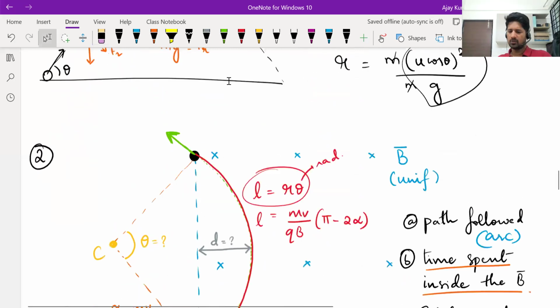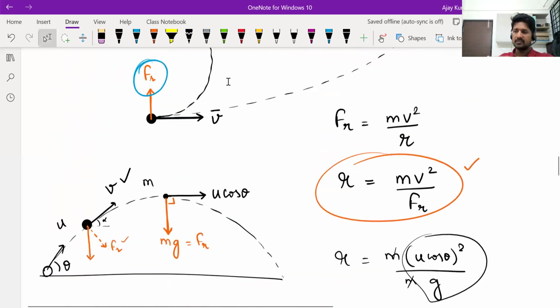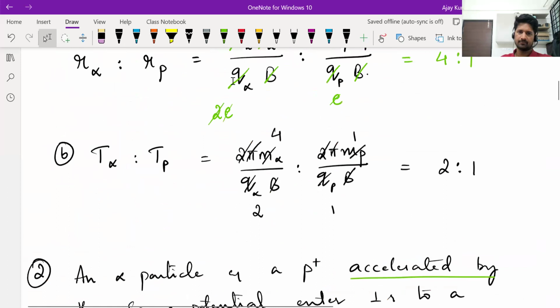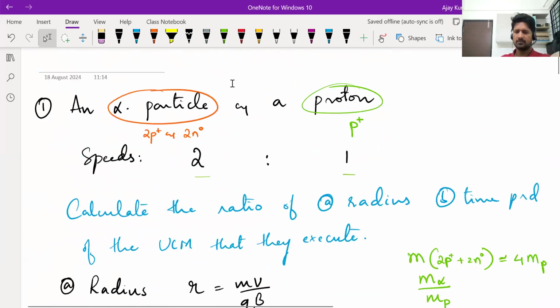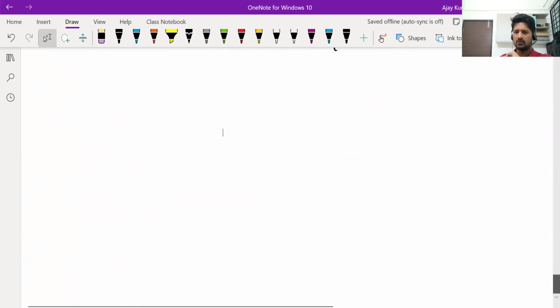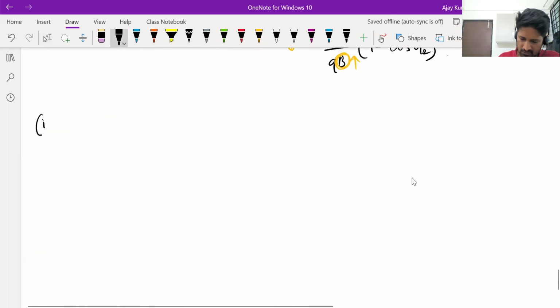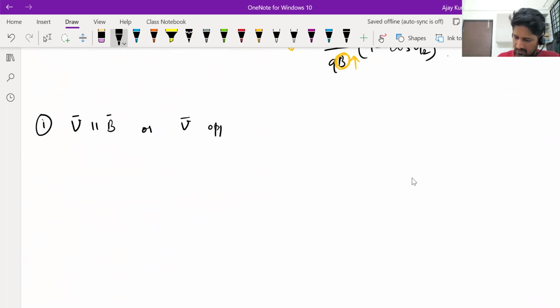Okay, so this is what happens when a charge enters a magnetic field or when a charge moves in a magnetic field perpendicular to the field. We discussed a little bit of that in the last class and a little bit of it in this class. So two cases of motion of charge in a magnetic field are done. First case was velocity being parallel to magnetic field or velocity being exactly opposite to magnetic field.